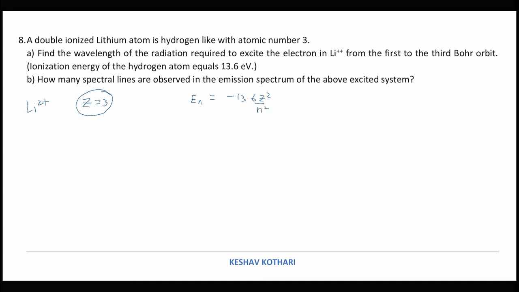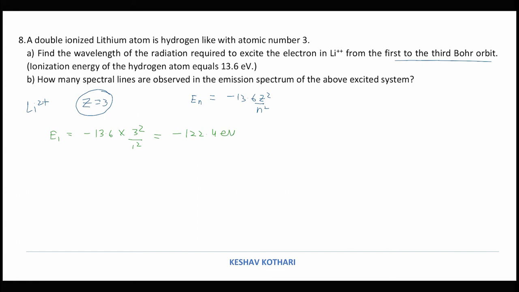So now the problem is telling us to find the wavelength of the radiation required to excite in Li++ from the first to the third Bohr orbit. So if I calculate energy E1, I can write this as equal to minus 13.6 Z square, that is 3 square upon 1 square. So the value comes out to be minus 122.4 electron volt.